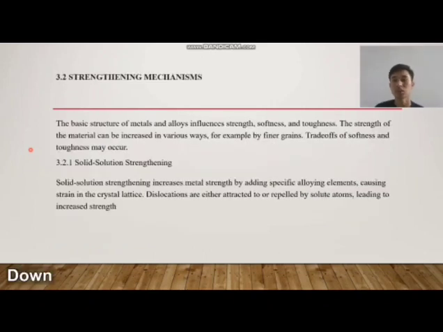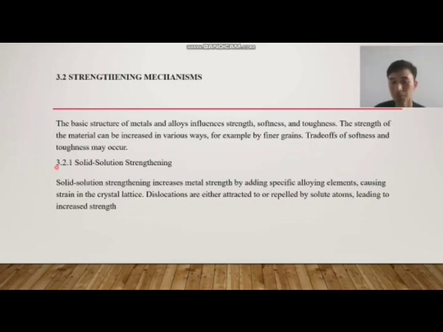Next, 3.2 strengthening mechanisms. The basic structure of metals and alloys influences strength, softness, and toughness. The strength of the material can be increased in various ways, for example, by finer grains, though trade-offs of softness and toughness may occur.